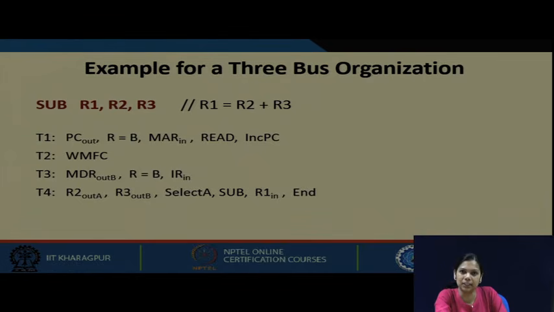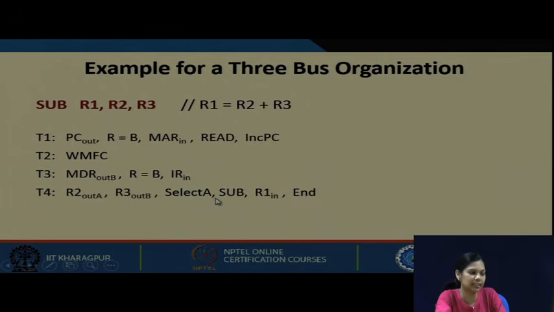Now to execute the instruction, as we already know, two registers can be read simultaneously and one register can be written simultaneously. So two register reads and one write can be performed simultaneously. Similarly, for this instruction we require something like this. We need to read the value from R2 and R3, and we have to write the value back in R1. So what we are doing? R2 out A. So R2 out will be available to A bus, R3 out B, it is available to B bus.